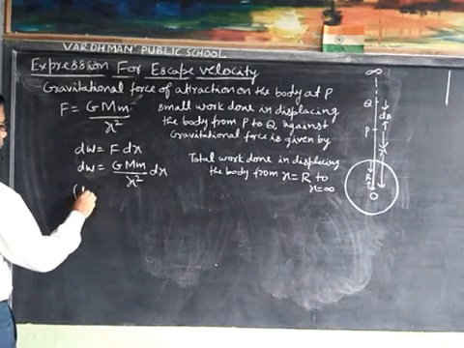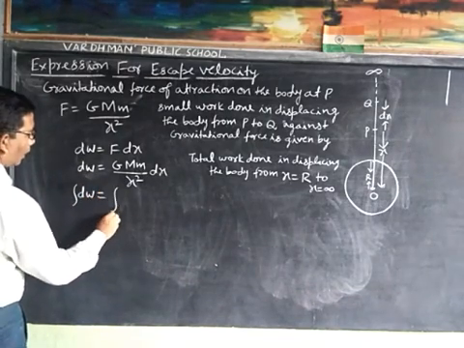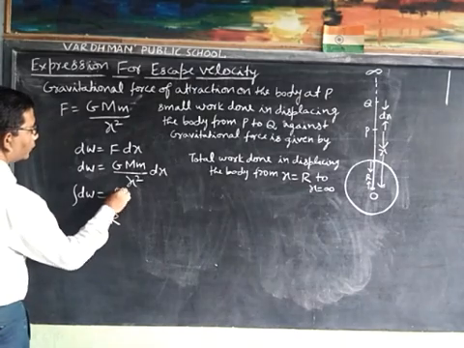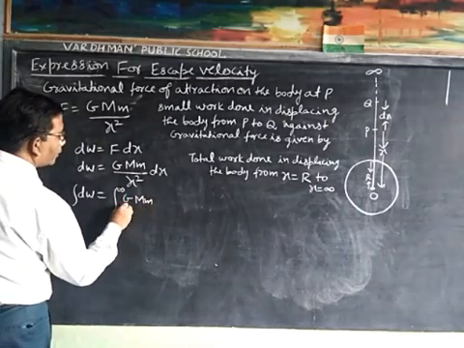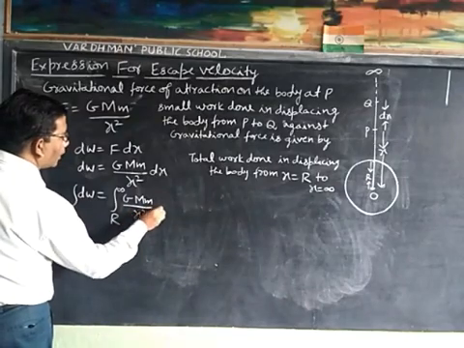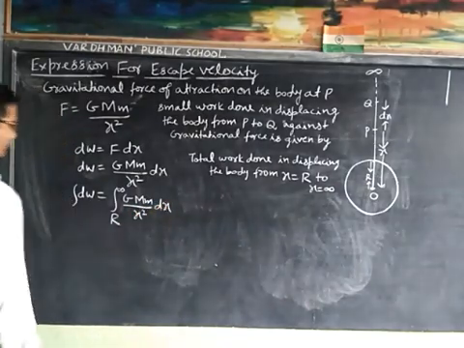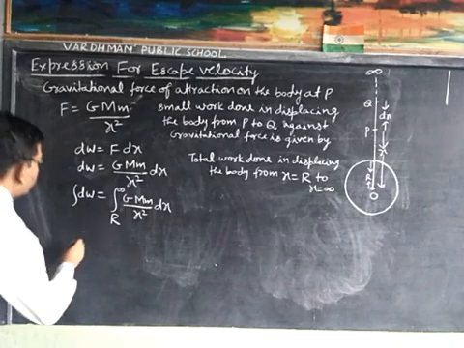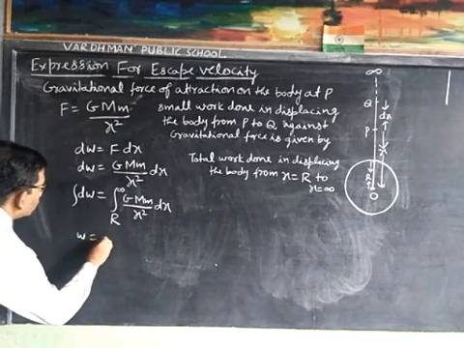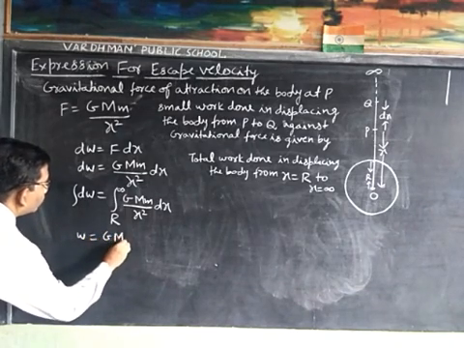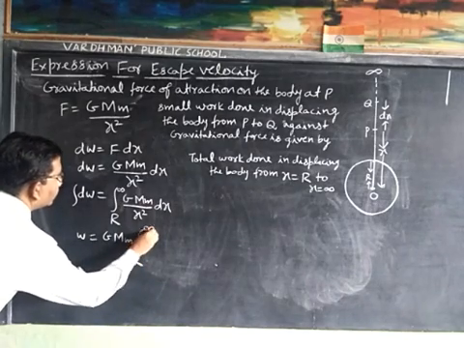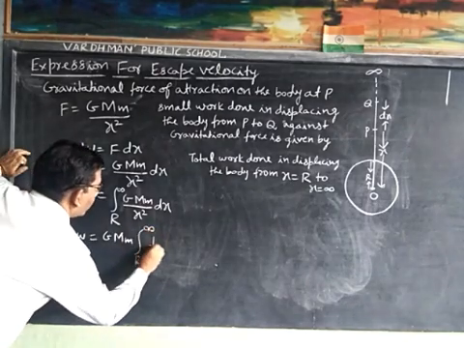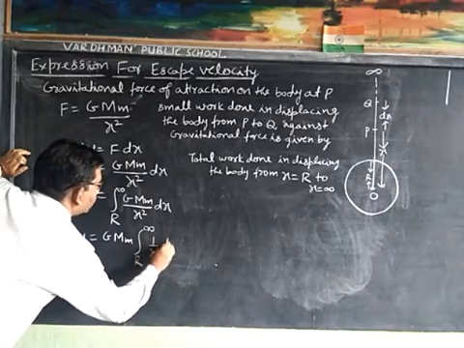Then dW is equal to integral from R to infinity of GMm upon x square dx. Integration of dW is W is equal to GMm, we take out, integral from R to infinity of 1 upon x square dx.